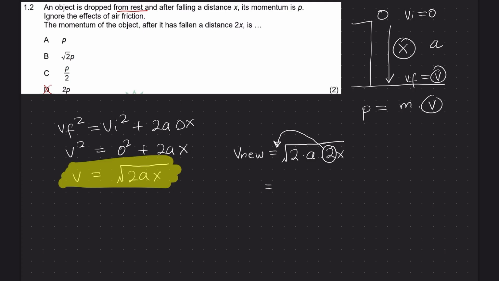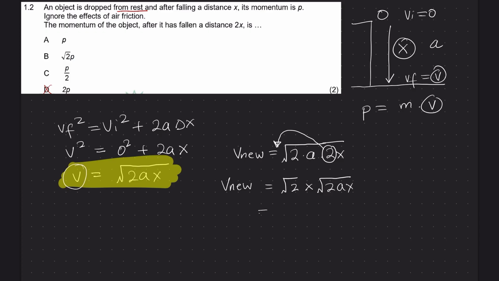So v new is going to equal the square root of 2 times the square root of 2ax. But we know that the square root of 2ax is v.